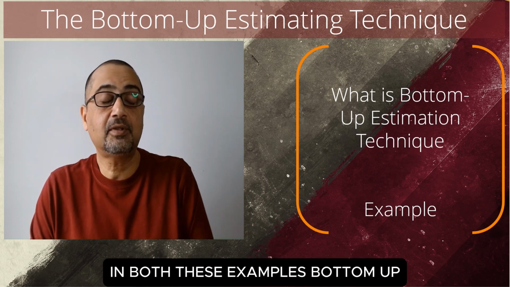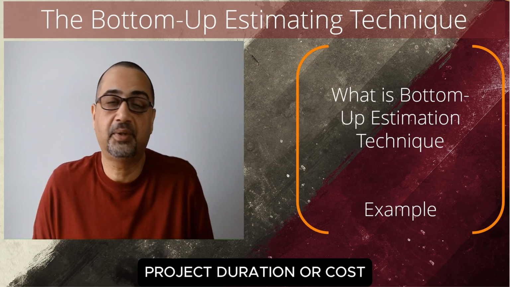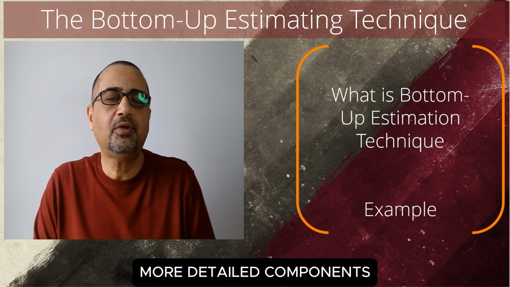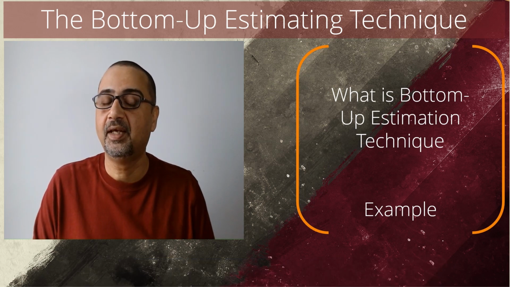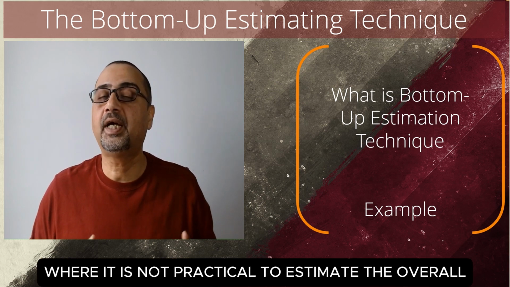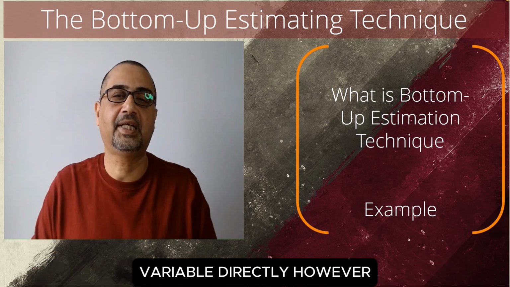In both these examples, bottom-up estimation is being used to estimate a variable, project duration or cost, by breaking it down into smaller, more detailed components and estimating each component separately. This approach can be useful for large complex projects where it is not practical to estimate the overall variable directly.